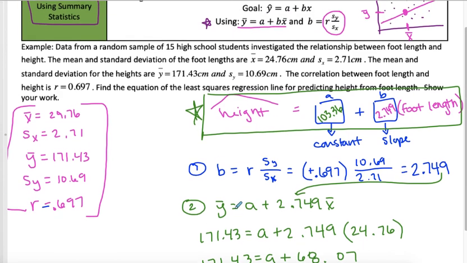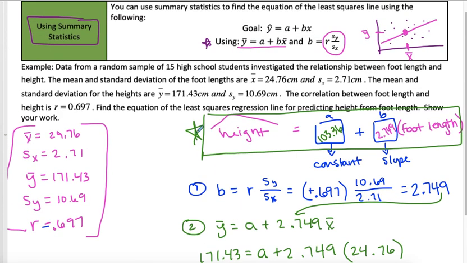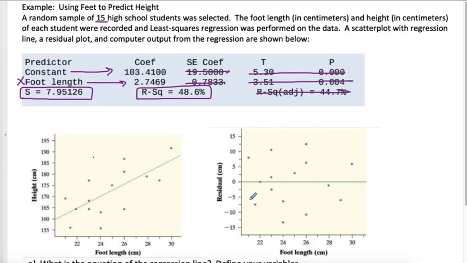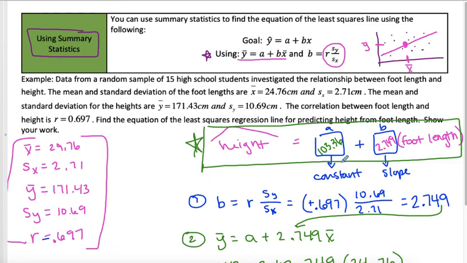It's not typical to have everything missing, like we didn't give any of the 15 measurements. But if they don't give us all the measurements, they're going to give us a lot of information. They gave us the scatter plot, the residual plot, an output, and on this one, all the summary statistics.